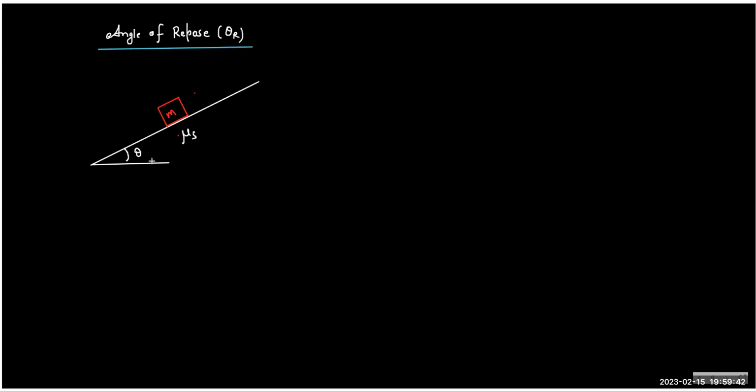So what is angle of repose? It is the angle of the inclined plane over which if you keep any object, then it will move if the angle exceeds this angle, and it will remain at rest if the angle is equal to or less than this angle. So we can say this is the angle at which the motion is impending. It is about to happen.